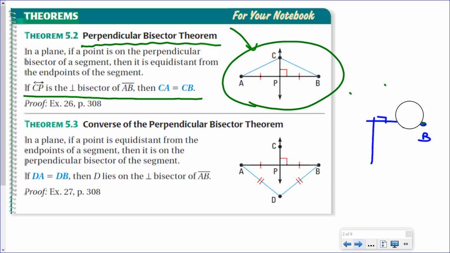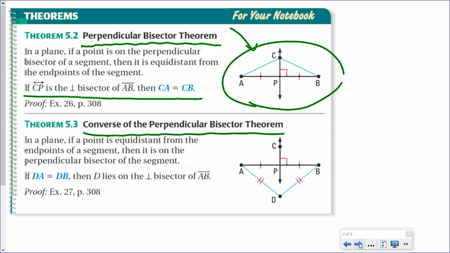Now, the other thing that goes into your notes is the converse of the perpendicular bisector theorem. And you're just going the opposite way around. So let's say, for example, that you had a point and you knew that these two segments were equal to each other, like so. Here's what you could pick up on.